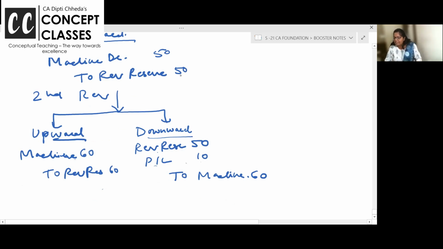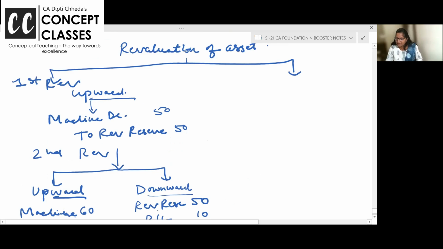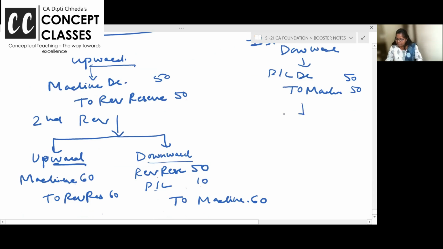First, use the revaluation reserve, which 50 is there, and then transfer. Same way now, first only downward. First only you are doing downward. So what will you do? P&L account debit to machine 50. First downward, P&L to machine.